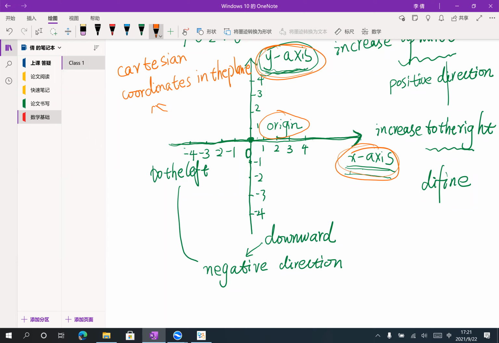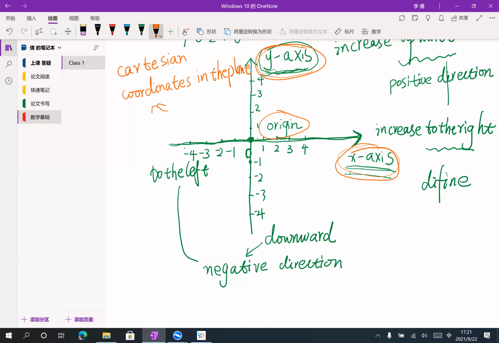This is a Cartesian coordinate in the plane. If we build the Cartesian coordinate in the plane, then we can identify the points in the plane.